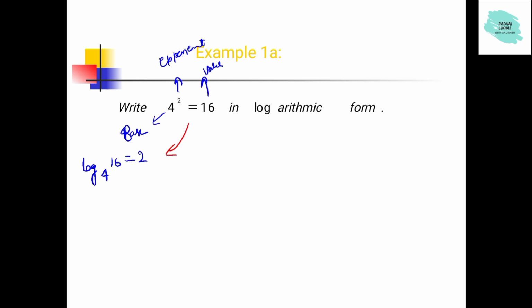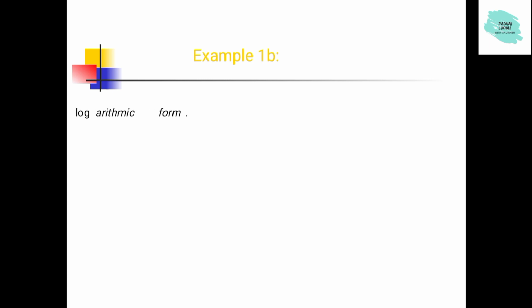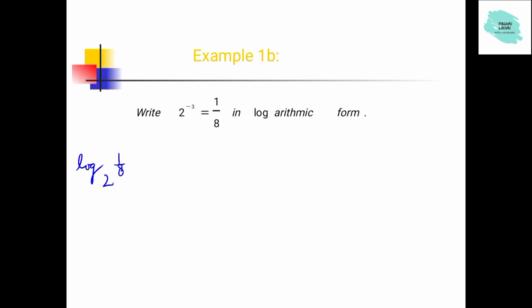Let us see some more examples. In this problem again, we have to identify what is the base, what is the exponent, and what is the value. So the log form will be base is 2, value is 1 by 8, and exponent is minus 3.